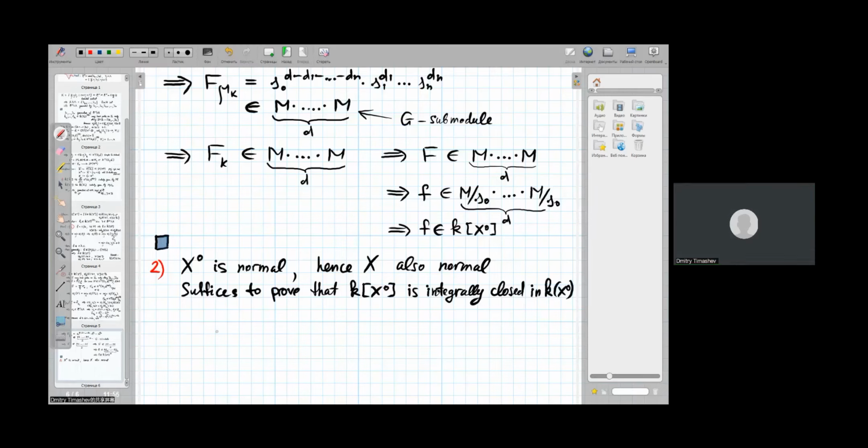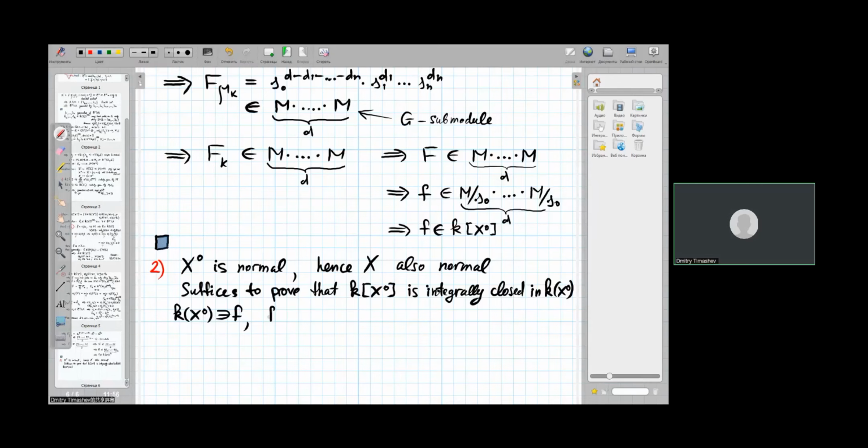How do we do this? Let us take any rational function f on X upper naught, which satisfies an integral dependence over the regular functions.